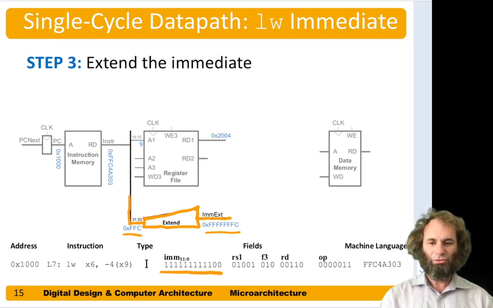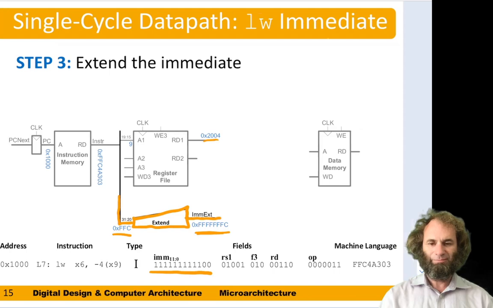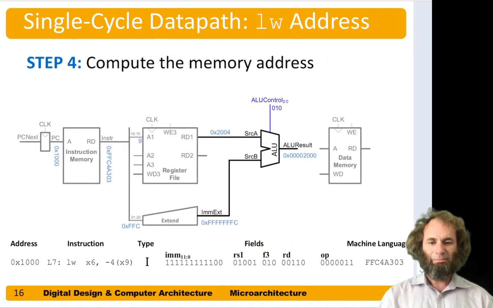So now we have the two sources for the load, 2004 and -4. The next step for load is to add the base address to the offset. So since we're going to need to do a bunch of different kinds of arithmetic, let's put on a general arithmetic logic unit instead of just a single purpose adder. The ALU will take the two sources, source A from the register file and source B with the immediate, and it should add them.